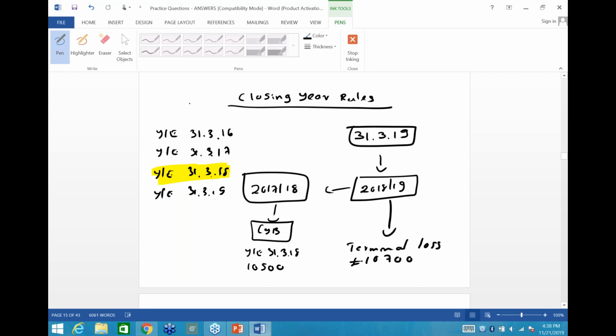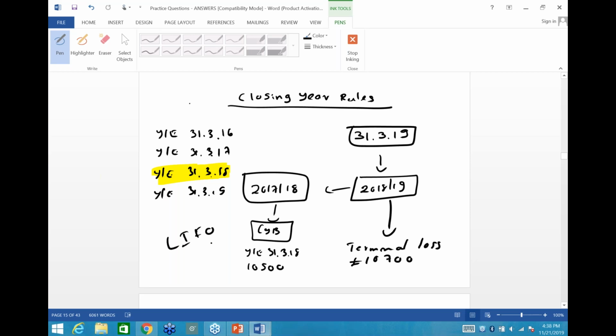So what we can do is, first I must set this terminal loss off against 18-19 trading profit, but I don't have it. Otherwise, I can carry back and set it off against the last 3 tax years' trading profit on a last in, first out basis.